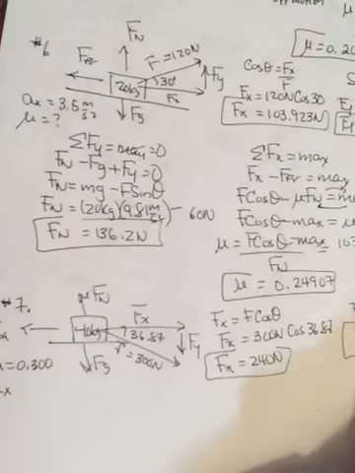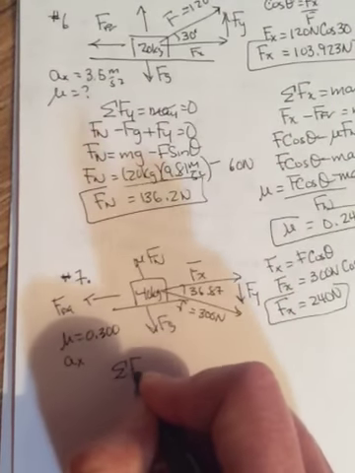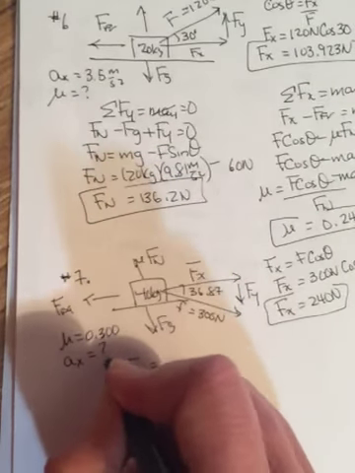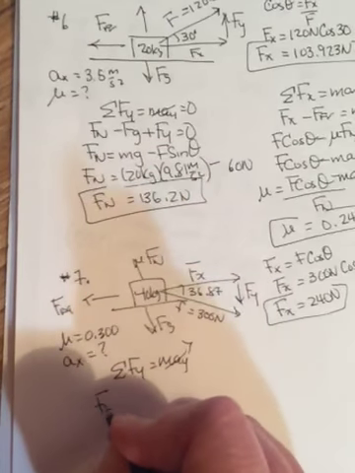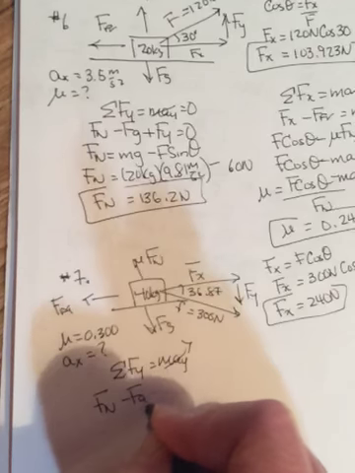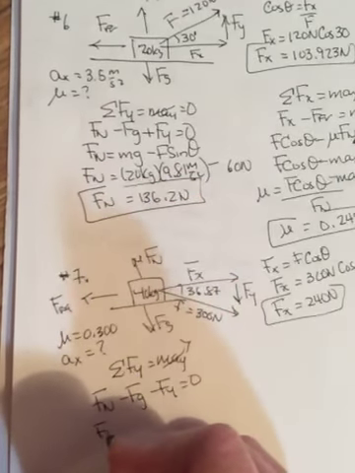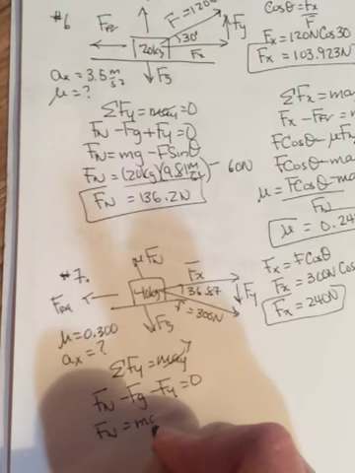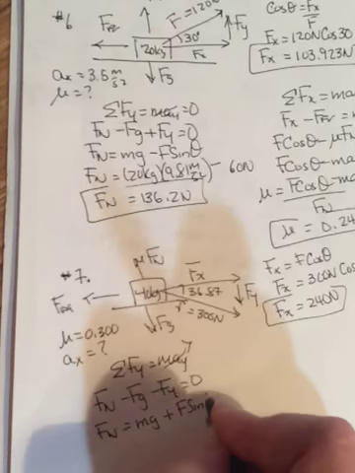Then we go to sum of the forces in the y direction is equal to MAY, which is 0. Fn is going up. Fg is negative because it's going down, and Fy is negative because it's going down. Solving for Fn, it'll be mg plus F sine theta.